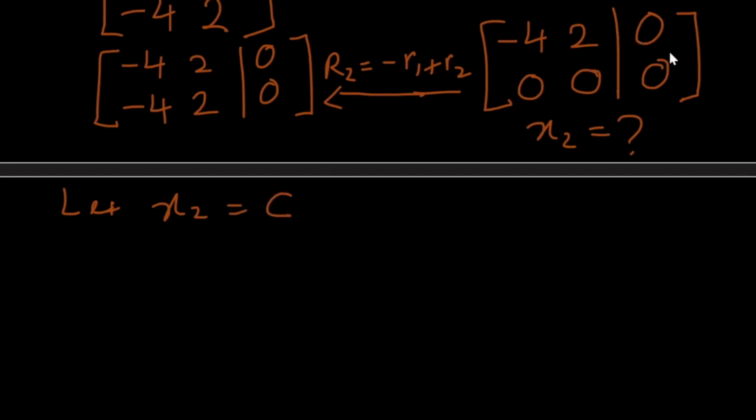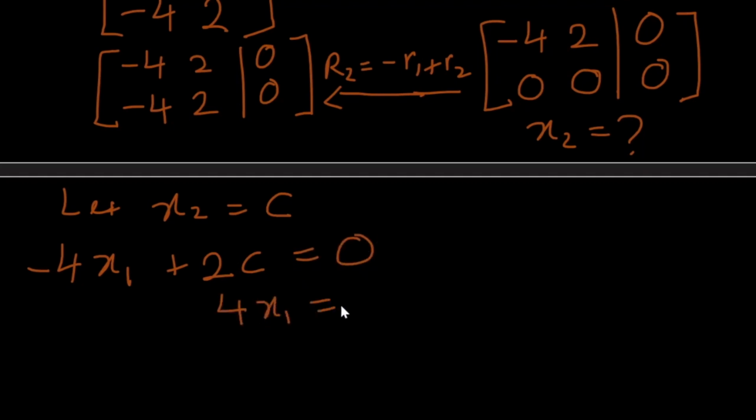Okay, now from the first row, I have -4x1 plus 2x2, or 2c, equals 0. So 4x1 is equal to 2c, x1 equals c over 2.